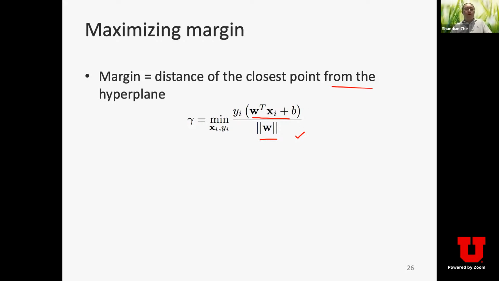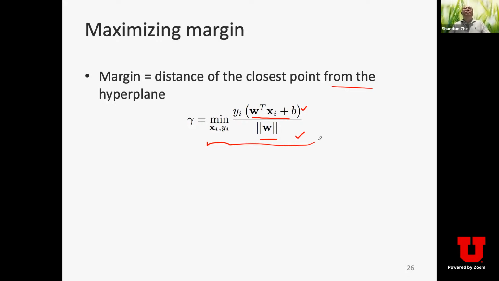Of course, here we assume the product is always non-negative. That means your classifier can correctly predict this instance xi, so the product of the label and the prediction score is always non-negative. And the margin is the smallest distance. So to compute the margin, we do a minimization over the training data set. We go through every training example, calculate the distance between this example and the hyperplane, then pick the smallest distance.